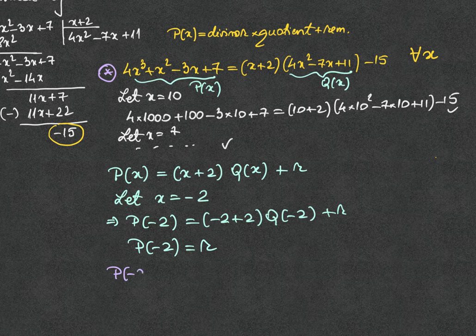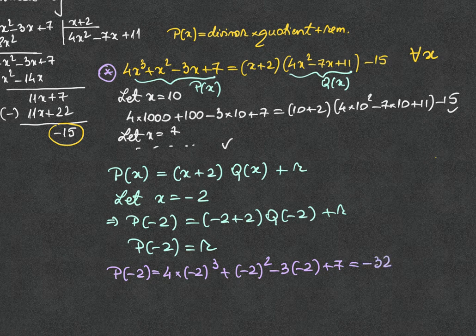Let's see what p of negative 2 is. 4 times negative 2 cubed plus negative 2 squared minus 3 times negative 2 plus 7, which is minus 32 plus 4 plus 6 plus 7. So negative 32 plus 17, which is negative 15.